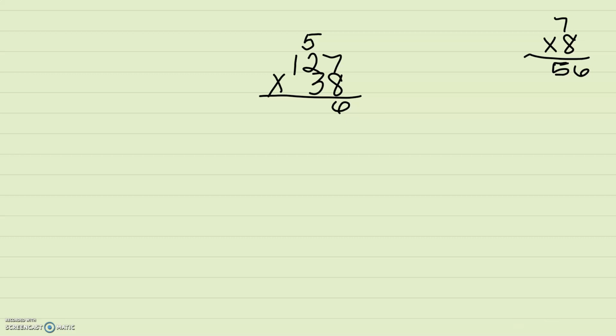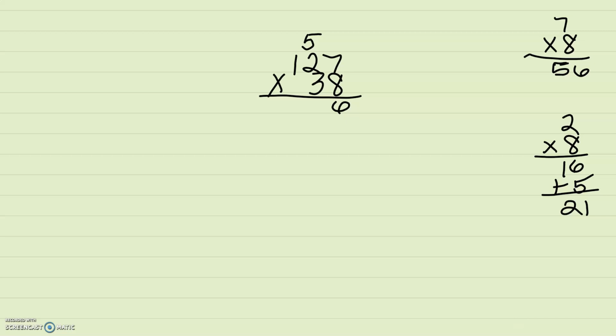2 times 8 is 16, and then we have to add that 5 we regrouped, and we get 21. Now, this 21 isn't really 21. This 21 is saying we have 2 in our hundreds place value and 1 in our tens.